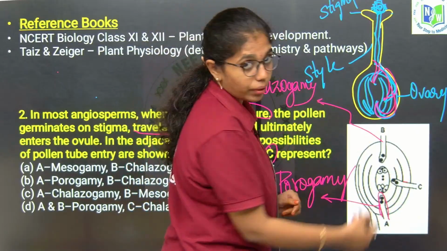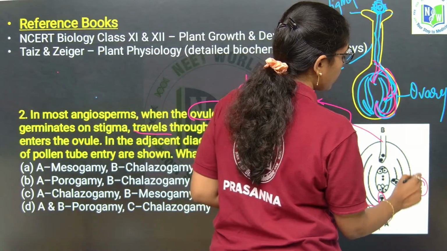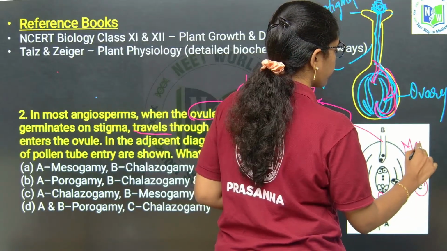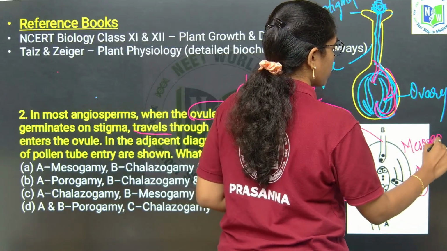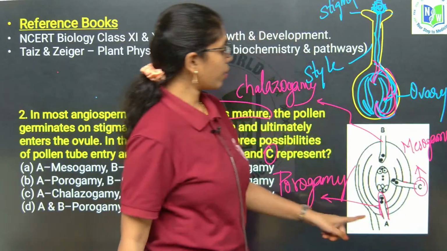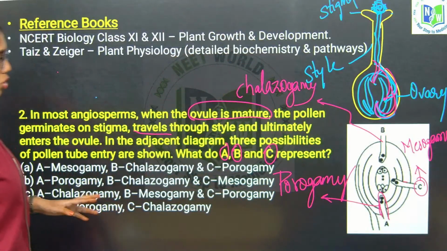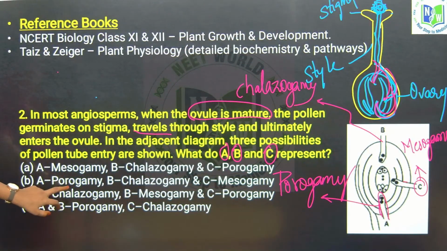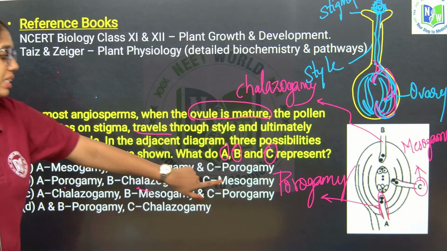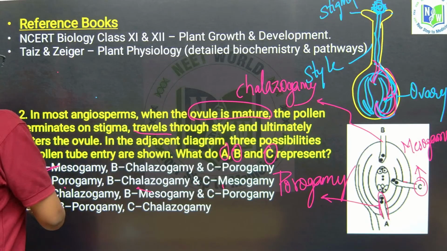And C is through the integuments, so this will be mesogamy. Fine. A is porogamy, B is chalazogamy, C is mesogamy. So, option B will be the right answer.